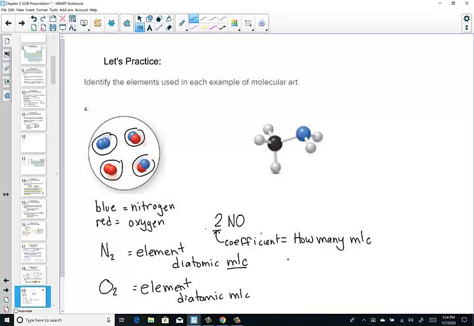And the subscript, remember, tells you how many atoms. I'm writing that down for you. There we go. So, because I have two identical molecules, these are both the same, I have a coefficient of 2.